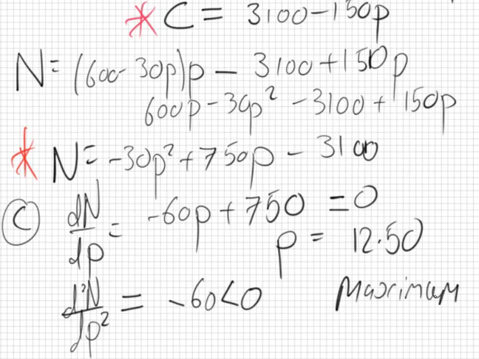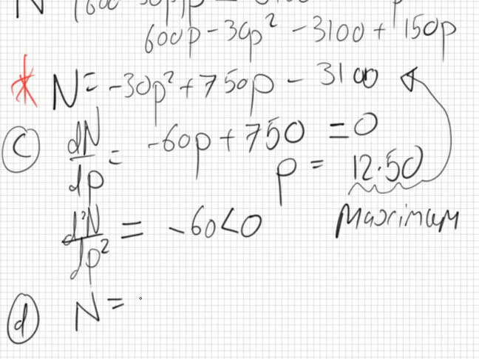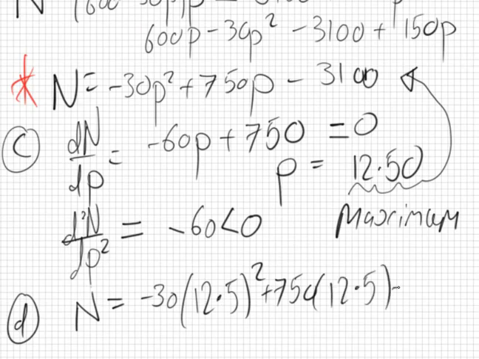And the last part is find the maximum profit. So we just take our answer here and put it back into our profit formula here. N equals minus 30p squared plus 750p minus 3100.